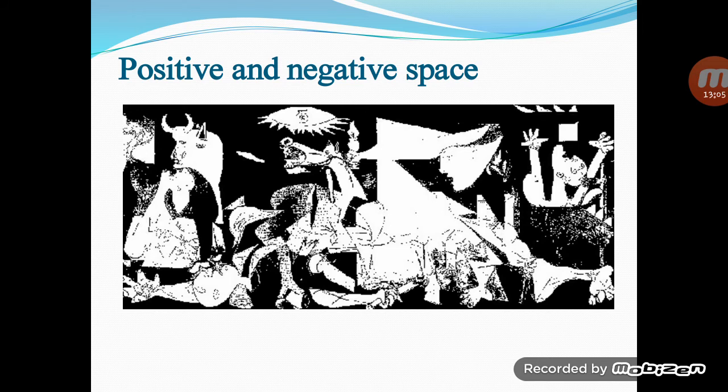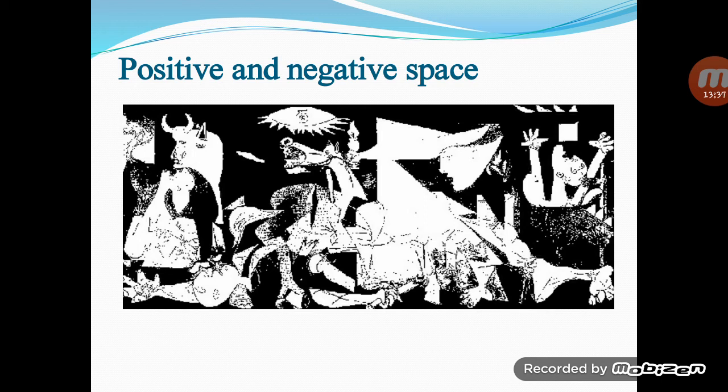Negative space. Picasso's use of negative space is as powerful as his use of positive space. In this example, the black areas represent the negative space and the white areas the positive space.